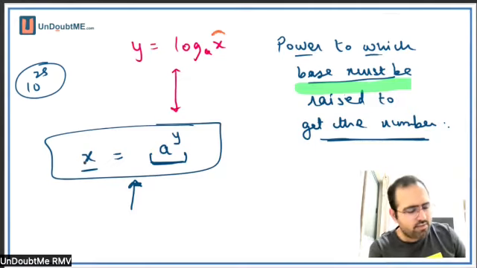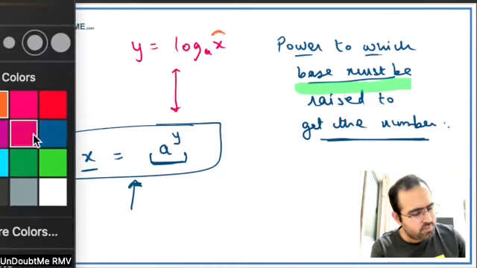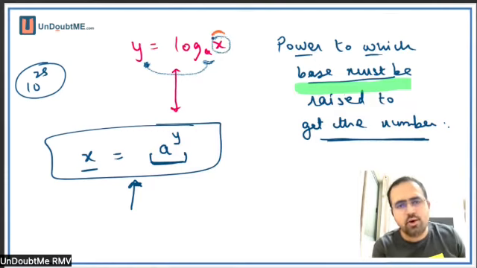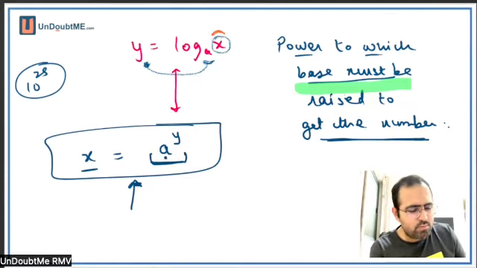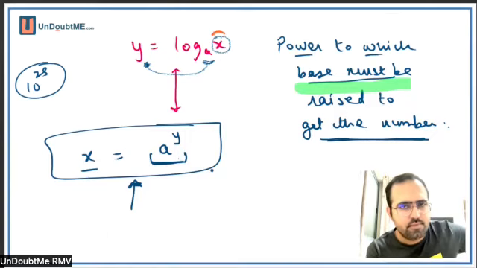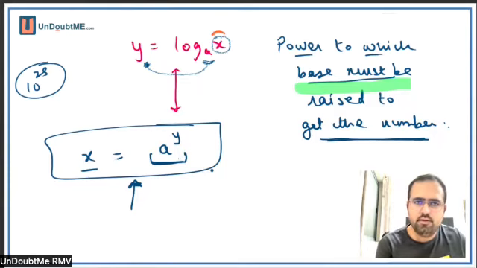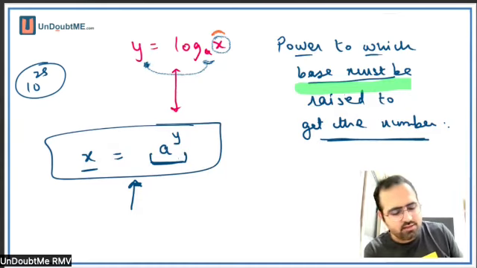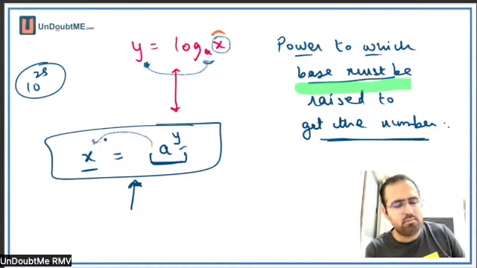So x is equal to a to the power y. Just try to understand the process. This is the base. This will be raised to the power of this number to get the actual number for which I am finding the logarithm. So x is equal to the base raised to the power. So, sir, in y equals log a x, what is y? Y is the value of the log, and when you raise that base to the value, you get back the number.